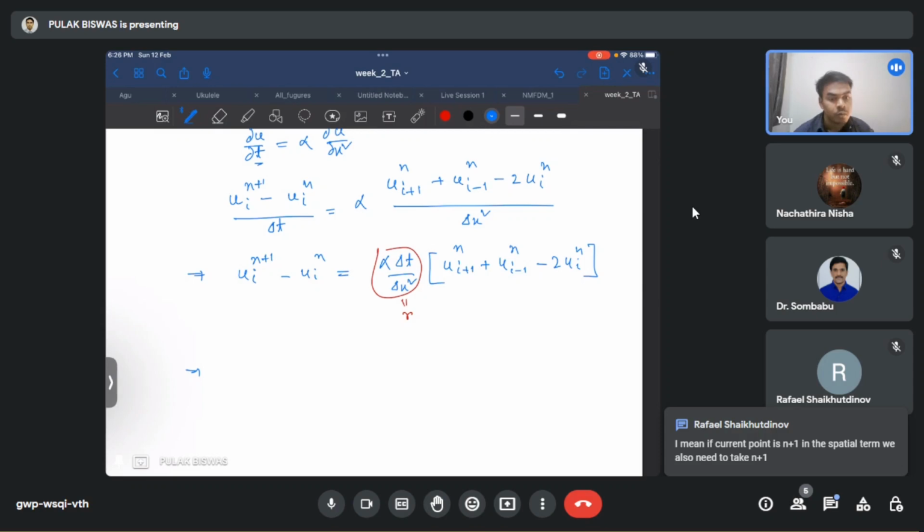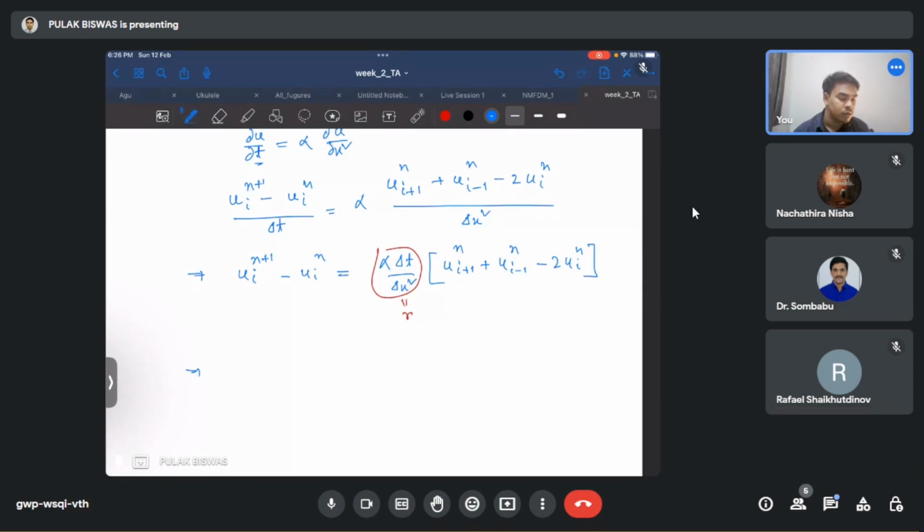In the spatial term we also need to take... yeah, that is there.